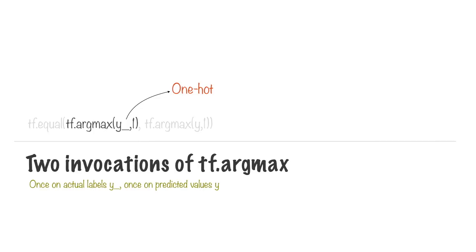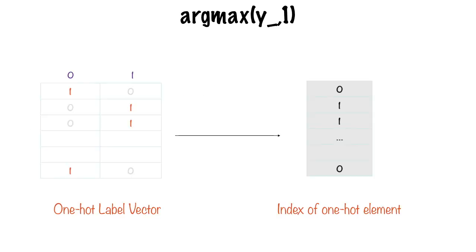Remember that the actual labels are in one hot notation because each month Google either went up or it did not. If it did go up, then the value of the true variable will be 1 and that of the false variable will be 0. And if it did not go up, then the reverse will be true. So the net effect of invoking argmax on the one hot label will be to return the indices of the one hot elements, which are either 0 or 1.